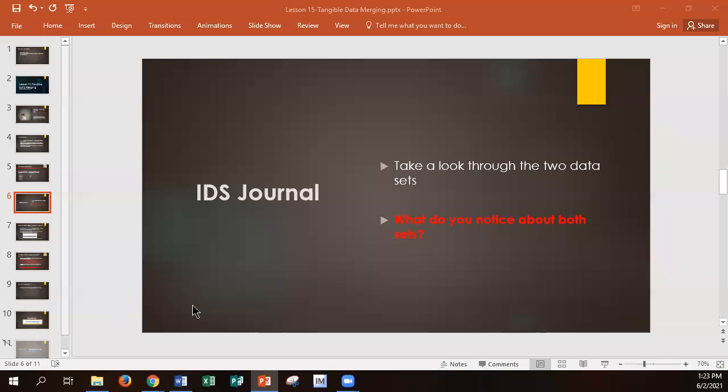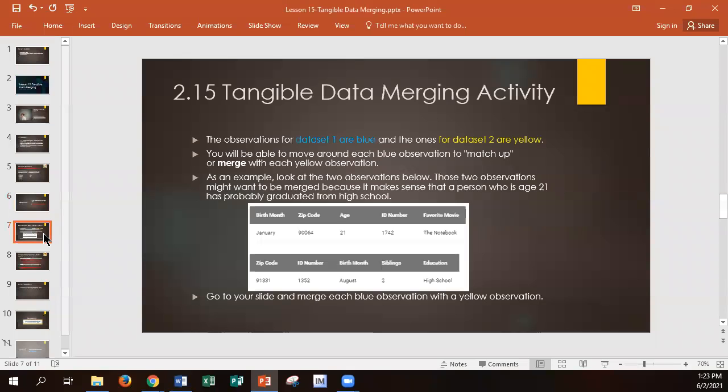Ladies and gentlemen, we are now going to move on to the rest of our Desmos activity. In this Desmos activity, the tangible data merging activity, you are going to be given observations from data set 1 and data set 2. Data set 1 will be in blue strips. Data set 2 will be in yellow strips.